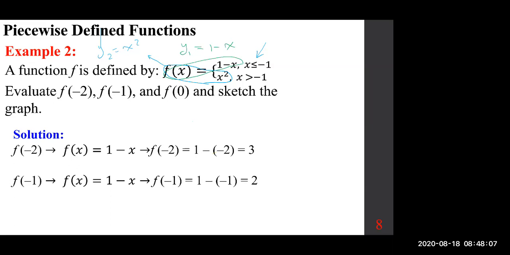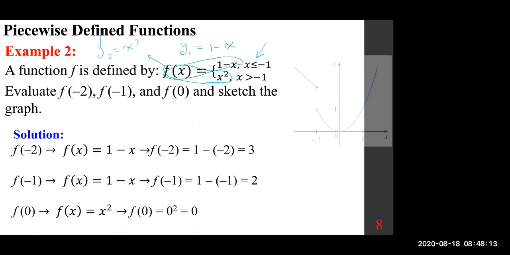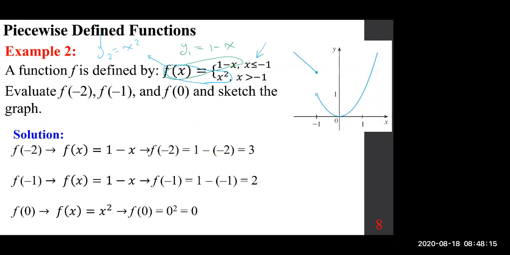And finally, f of 0 belongs to the second portion, okay? And I have already mentioned the graph. This is obviously a much better graph than I gave you, but I think it's pretty straightforward, okay? So that's a graph of this piecewise defined function. Okay, everyone?